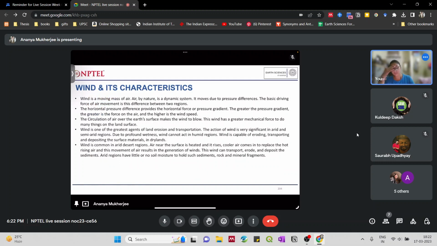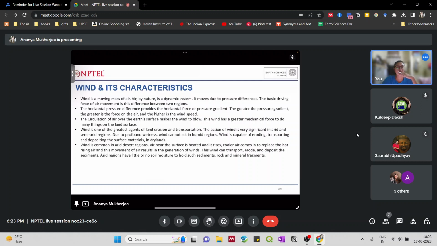So what is wind in a general sense? Wind is a moving mass of air. It blows over the area, and it is usually a dynamic system where the movement is due to pressure differences in two regions. The driving force is that in one place you have low pressure and in the other area high pressure, which allows the wind to move from one place to another.